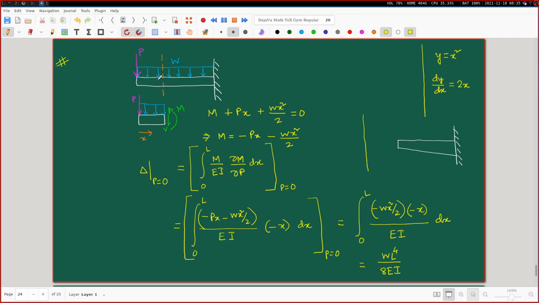And then for this complete problem where W is applied together with this fictitious force P, you would find the moment, then the strain energy, do all these differentiations, and set this P equal to 0. The answer that you obtain for the delta will involve the x naught, and this x naught itself can be varied from 0 to L. That is how you say that you have found the deflection as a function of x. I hope this is clear.